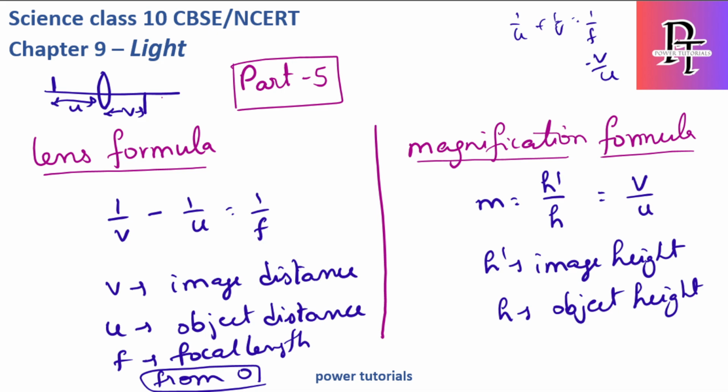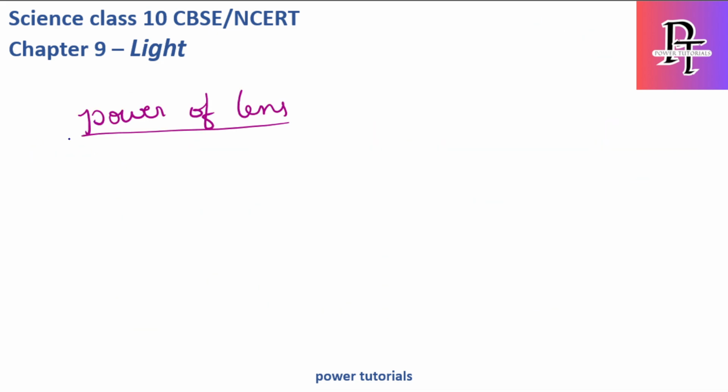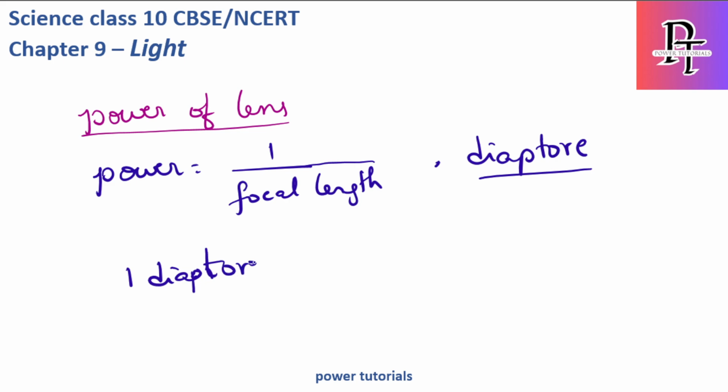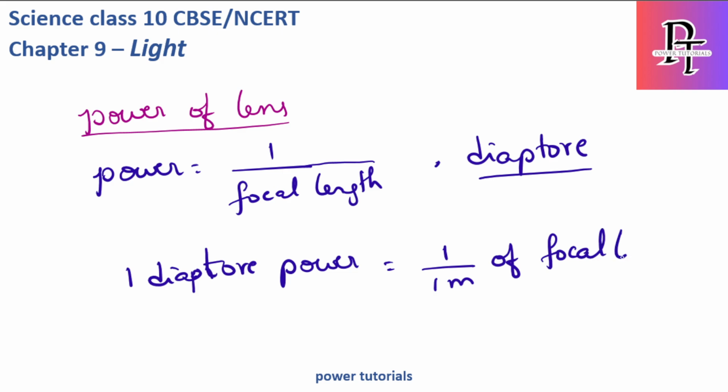So these are the lens formula and magnification formula, and the next is power of lens. Power of a lens is defined as the inverse of focal length, and the unit of power is diopter. 1 diopter is equal to 1 by 1 meter of focal length.